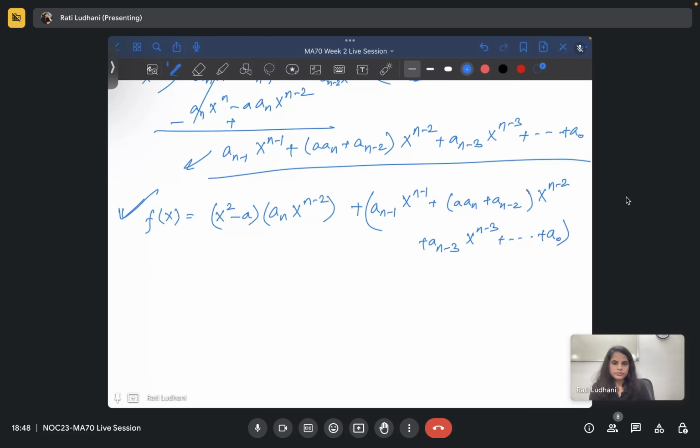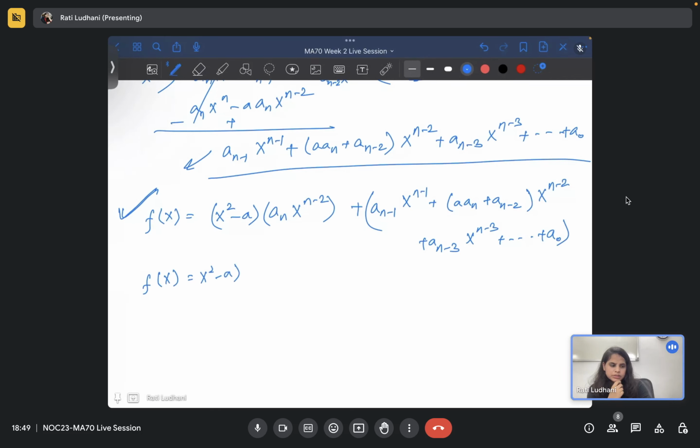Sorry for interrupting, give me 2 seconds. Actually, we need not do all these things. Simply, suppose x square minus a divides f(x). f(x) equals, as you have said, f_0(x square) plus x into f_1(x square), equal to x square minus a into some g, because x square minus a divides f(x).